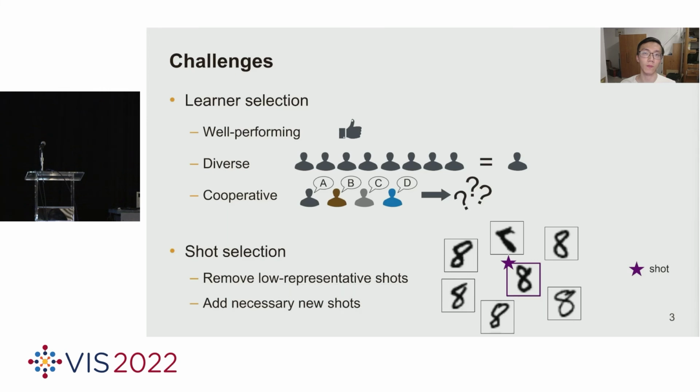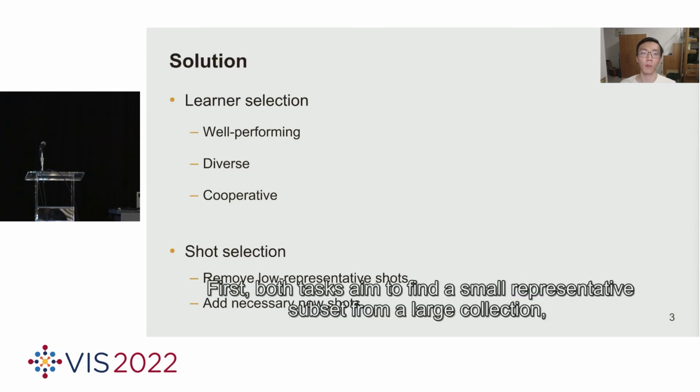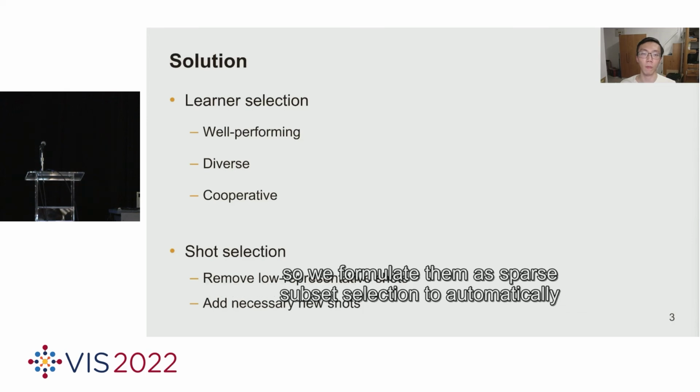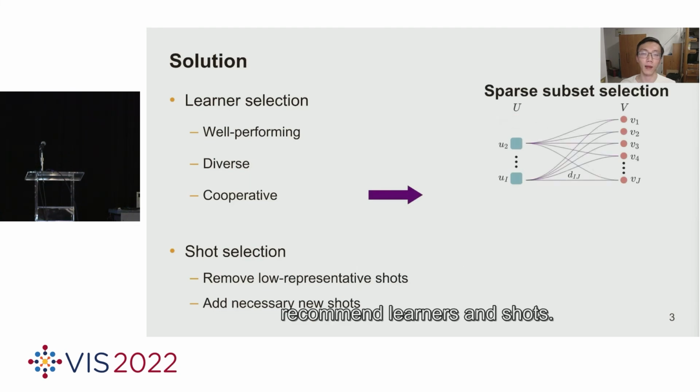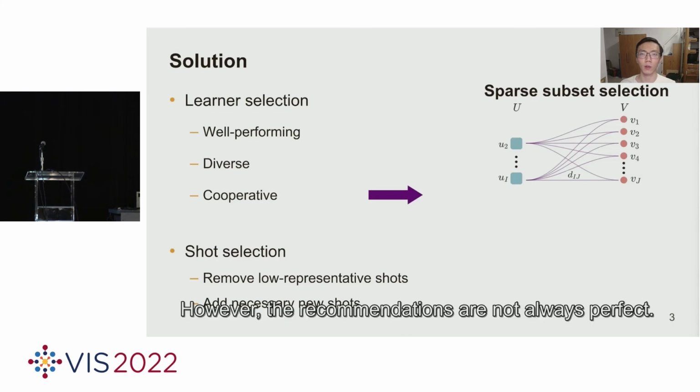First, both tasks aim to find a small representative subset from a large data collection. So we formulate them as sparse subset selection to automatically recommend learners and shots. However, the recommendations are not always perfect.